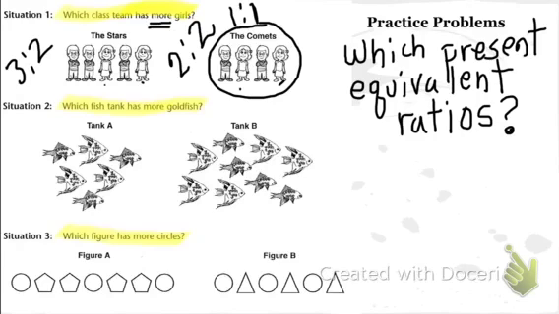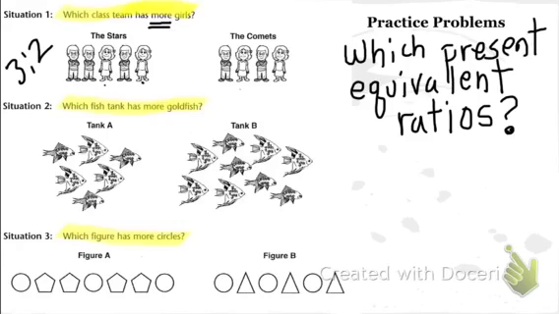Let's look at that a little bit differently. Let's not make ratios of boys to girls. Let's make girls to total, a part to whole. 2 to 5, and here 2 to 4.